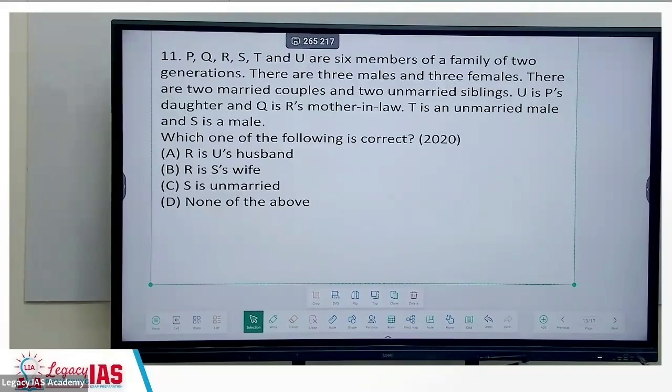Don't worry about this. These puzzles are just done.